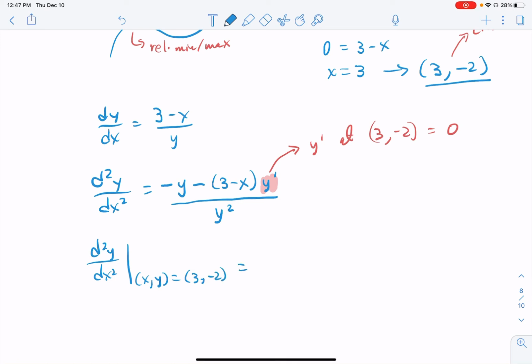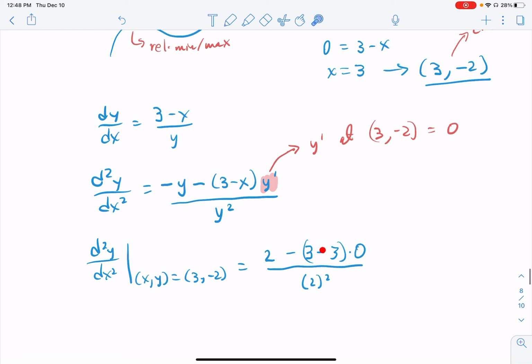All right, my y value is negative 2. Negative 2 is positive 2 minus, 3 minus 3 didn't even matter, times 0 also didn't even matter, over my y value. My y value was negative 2, which I'm squaring. Okay, so all of this stuff is 0, it's going to be gone.